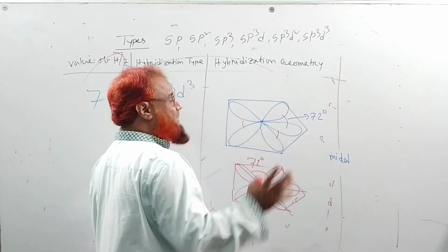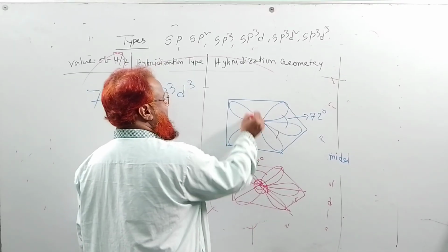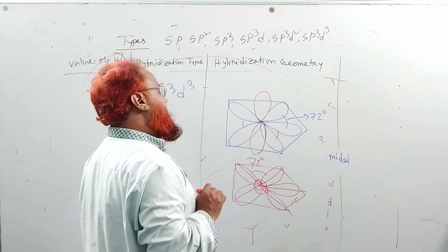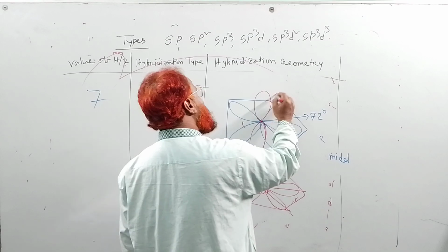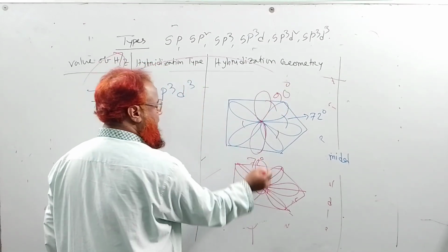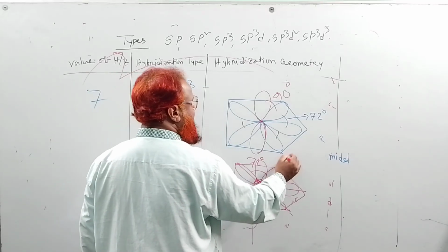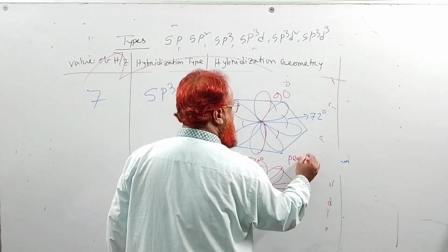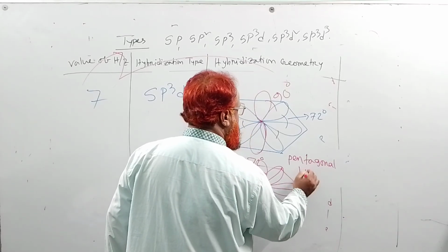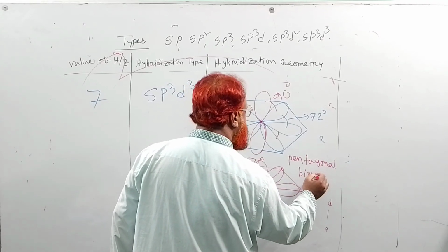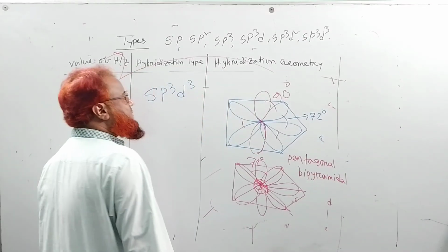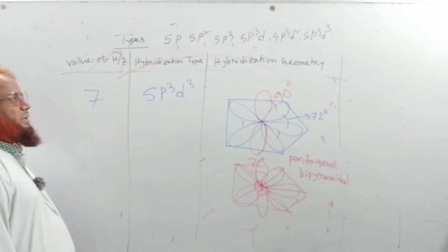But the rest of the orbitals which are present in a perpendicular arrangement, their bond angle will be 90 degree. So their shape is pentagonal bipyramidal, but their bond angles are 90 degree and 72 degree.